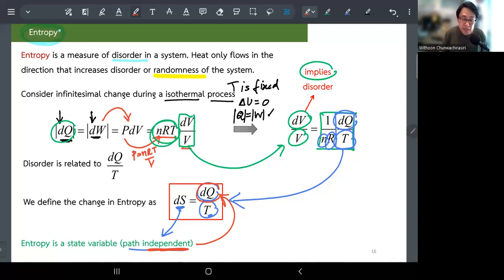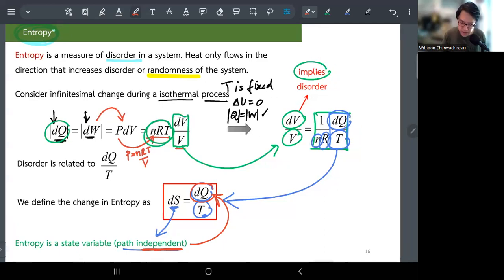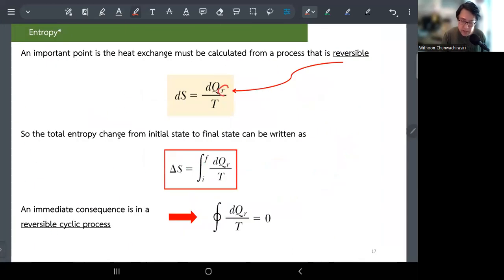This heat is going to be any number that you want because it depends on the path that you pick. But don't worry, it turns out you need some restriction on the heat calculation. You're not just able to pick any heat that you want. And that's what this one is. You need a subscript R in there. You need to calculate the heat from a reversible process only.